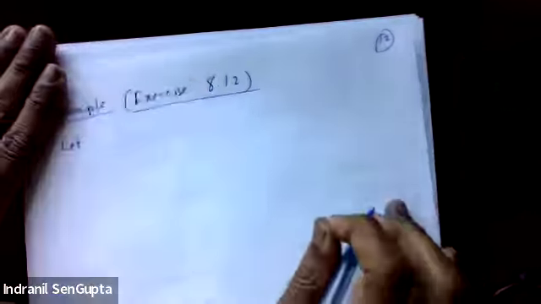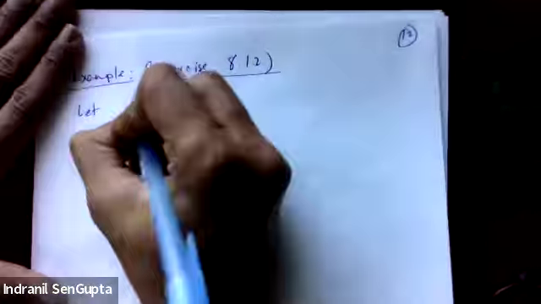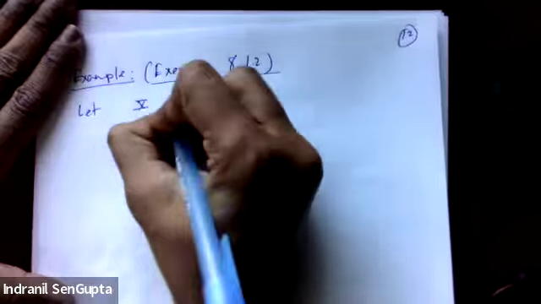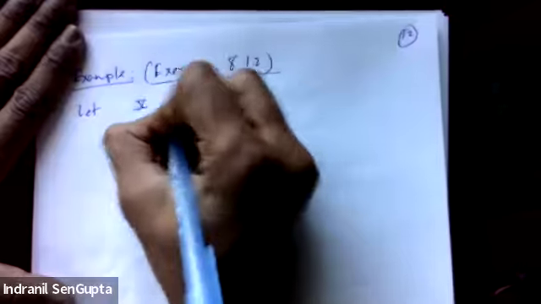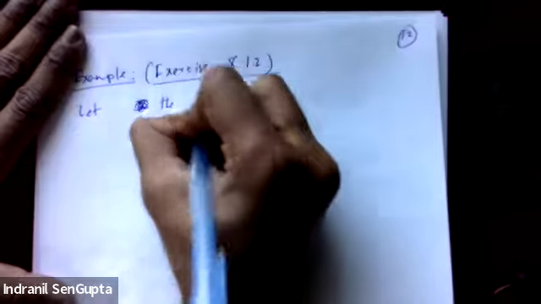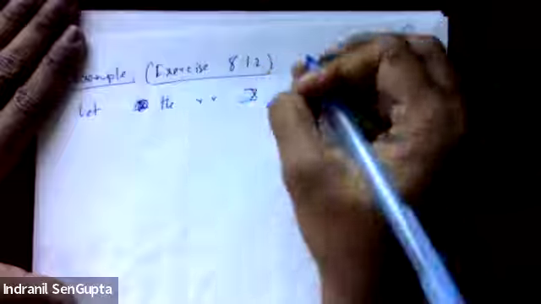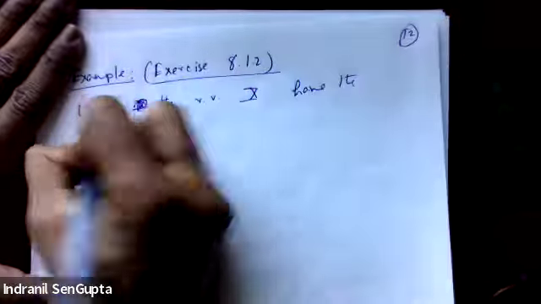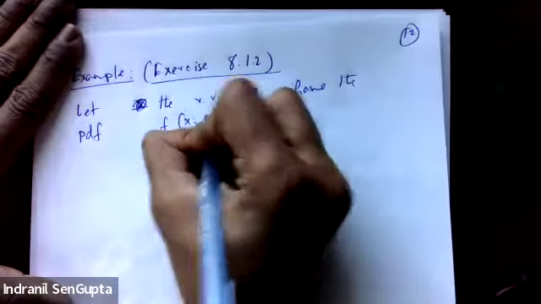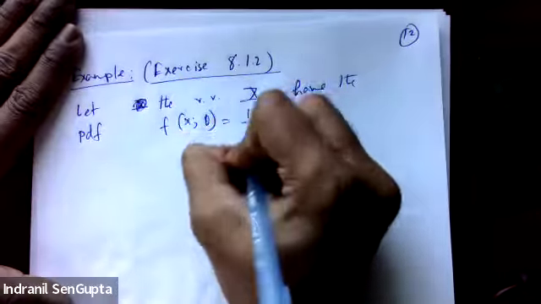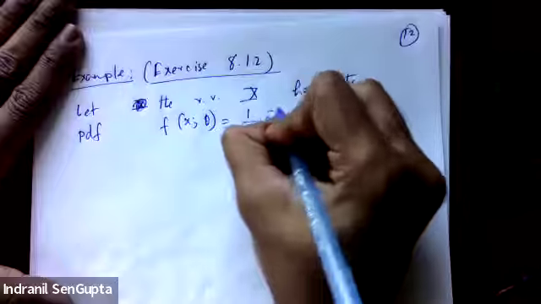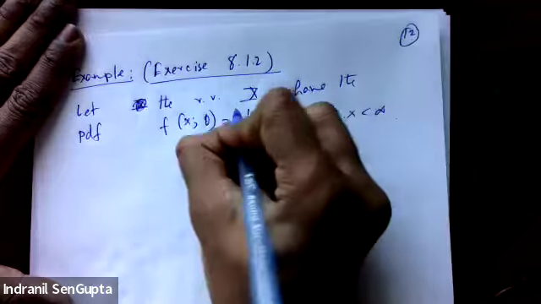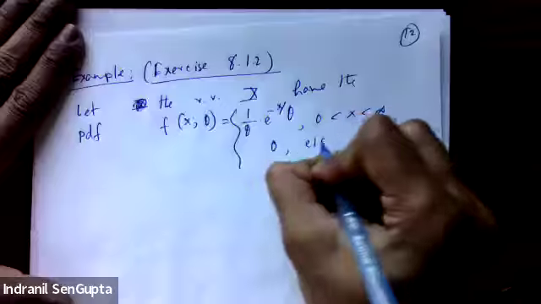Let X be a random variable which has the PDF f of x, theta, equal to 1 over theta e to the minus x over theta, for 0 less than x less than infinity, and 0 elsewhere.